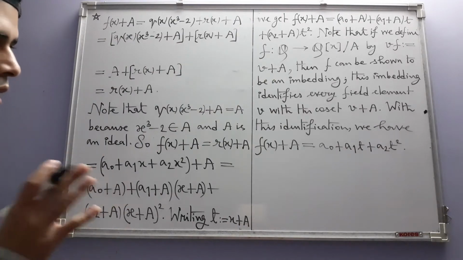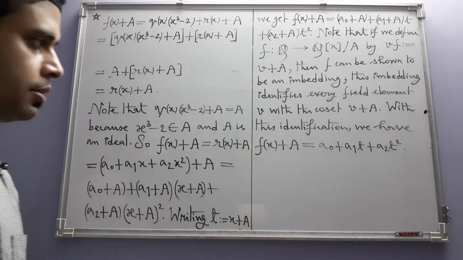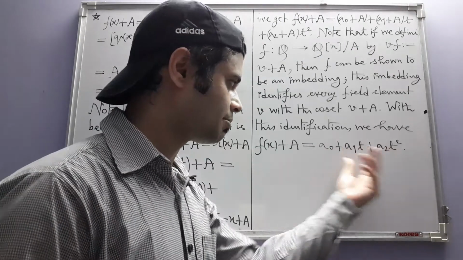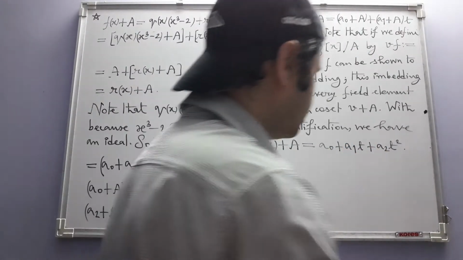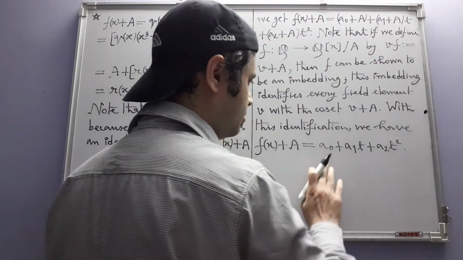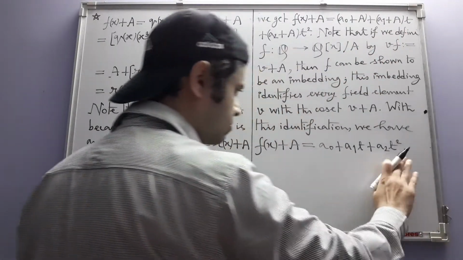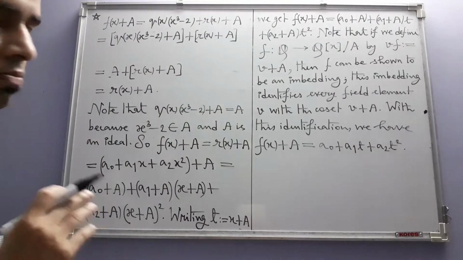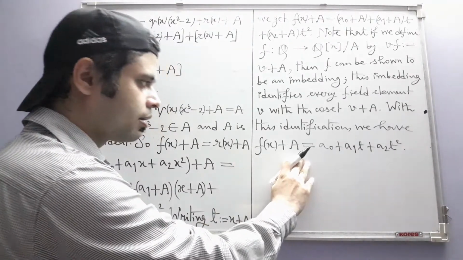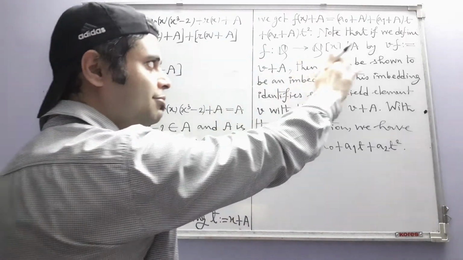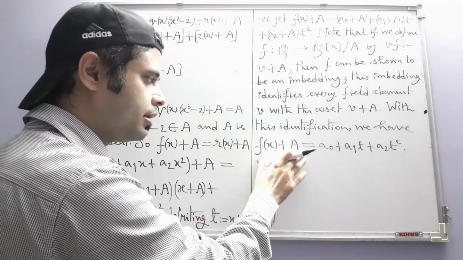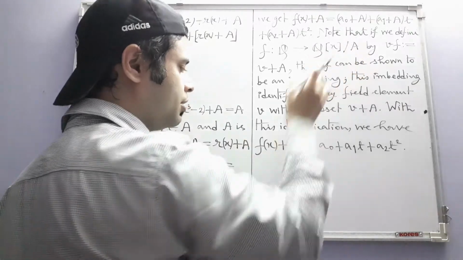So now look at the coset. It looks something like this. There are some facts about this expression or this representation of this general quotient ring element. This is a field, we already know that, so this is a general field element of this field.